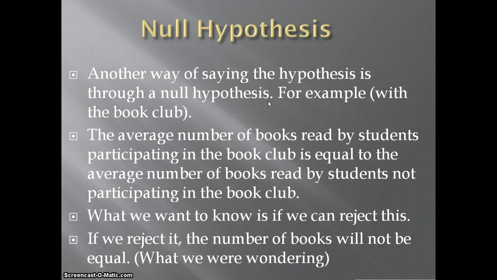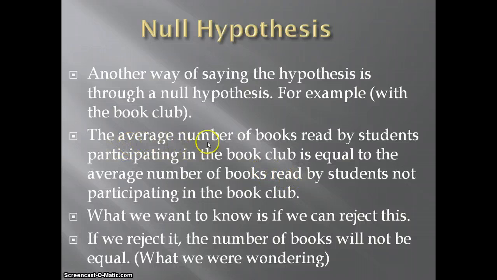Another way of saying a hypothesis is something that's called a null hypothesis, and you don't see this a lot anymore, mostly because it's kind of confusing. But a null hypothesis is what's behind all hypothesis statements. And what that means in relation to the book club example is two things are supposed to be equal.